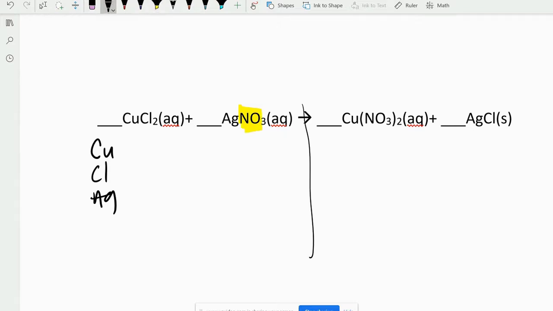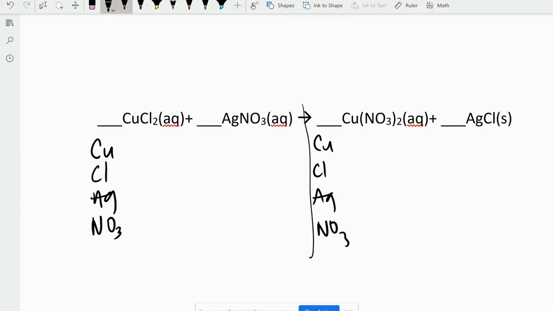It would be in your best interest and easier if you would just separate everything out, but keep your polyatomic ions together. And we know that nitrate is NO3, so I'm going to write NO3. Now, because the law of conservation of mass says what I am starting with is ultimately what I'm going to be ending with, I would expect that the product side has the same elements as well. So I'm going to write them in the same order: copper, chlorine, silver, and nitrate.